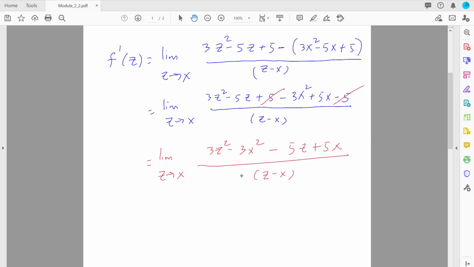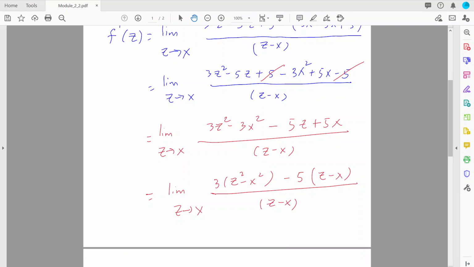That's the whole idea. Now you can see that from these two, if you factor out 3, it gives you z squared minus x squared, and from these two, if you factor out negative 5, it gives you z minus x, and on the denominator it's already z minus x.